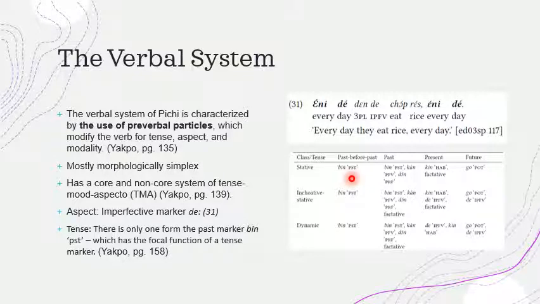So over here we can see been, which changes as you go through the different tenses, been, keen, go, and how that would be used within its own sentences.